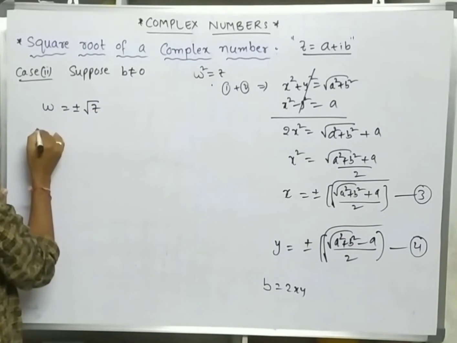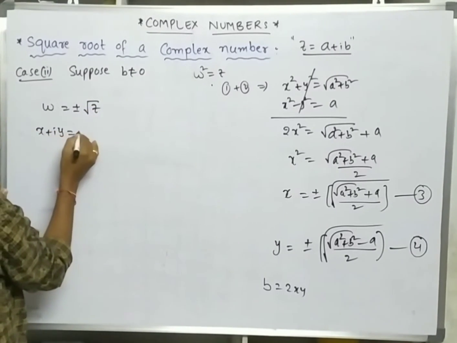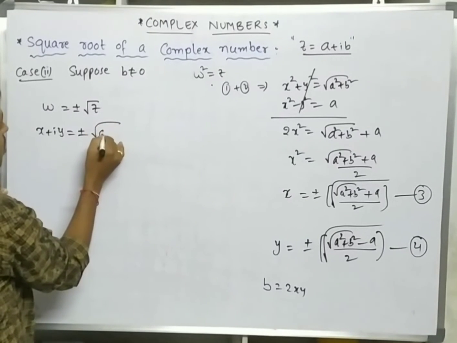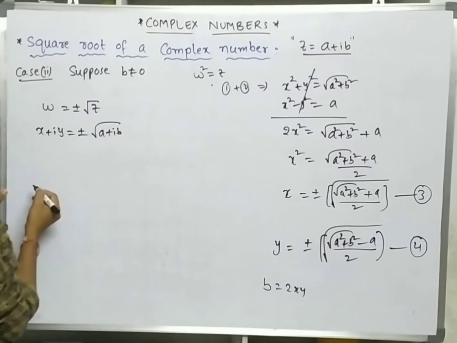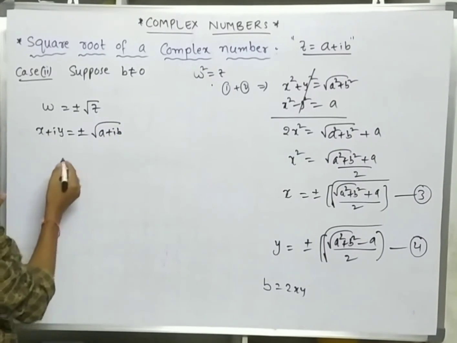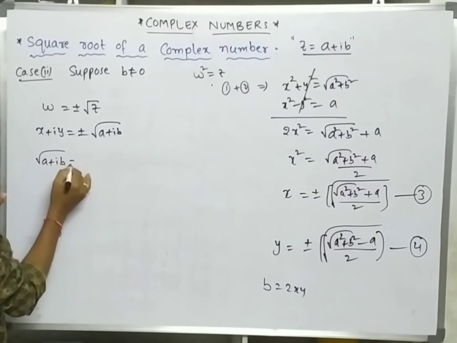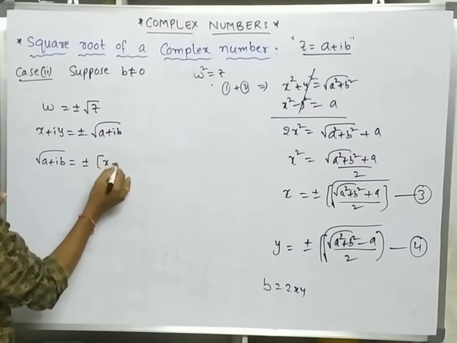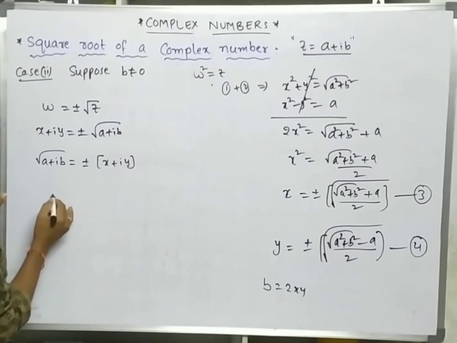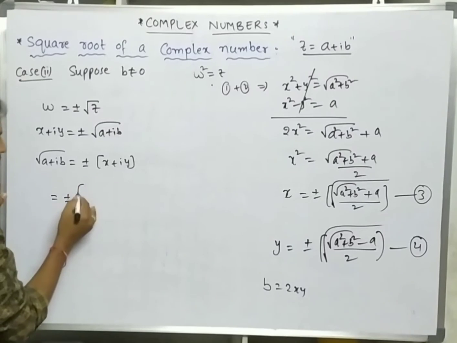That means x plus iy is equal to plus or minus root a plus ib. In reverse way we can write a plus ib is equal to plus or minus x plus iy.